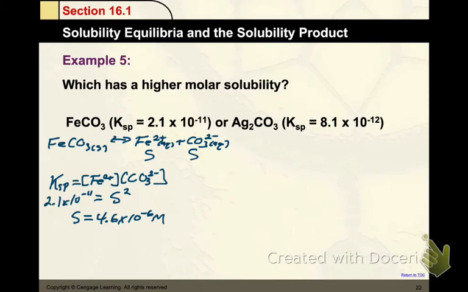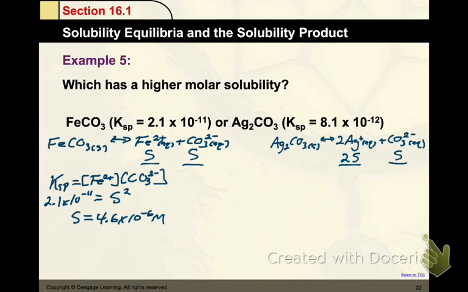All right, so now let's look at the silver carbonate in comparison. We've got Ag2CO3 solid giving 2 Ag+ and a carbonate. So when we're solving this, we've got 2 of these to 1 of these. That is the big difference here. 1-to-1 ratio, 2-to-1 ratio. That might affect things a little bit.